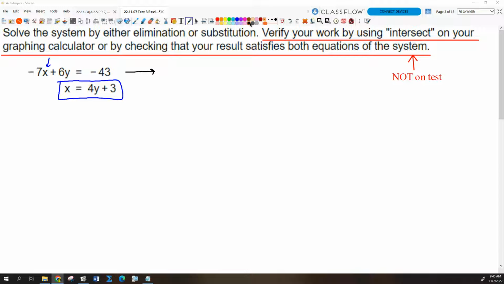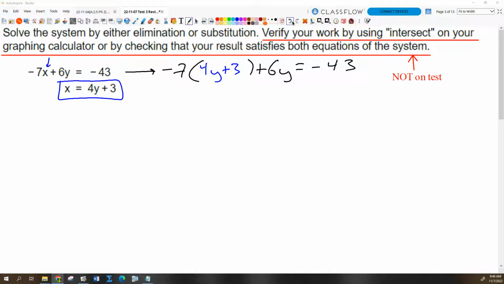This top equation becomes -7 times x, which has been replaced by 4y plus 3, plus 6y. Got to finish this left side. So -7 times my x plus 6y equals -43.